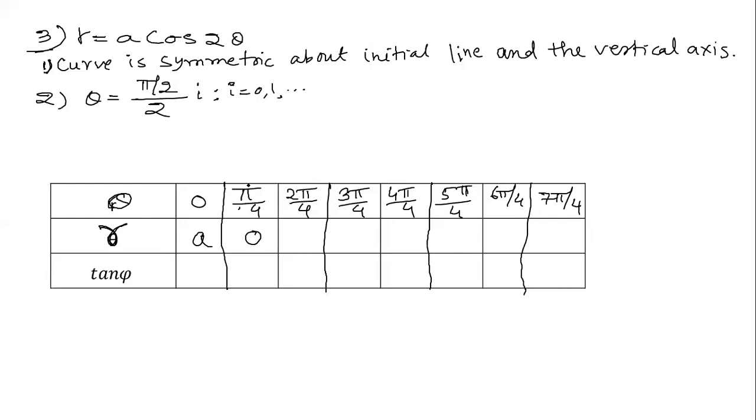Then theta equal to pi by 2, r will be equal to a times cos of pi, that is minus a. Then theta equal to 3 pi by 4, r is equal to a times cos of 3 pi by 2, cos 3 pi by 2 is 0. And after you have written four values of r, just copy and paste: a, 0, minus a, 0.